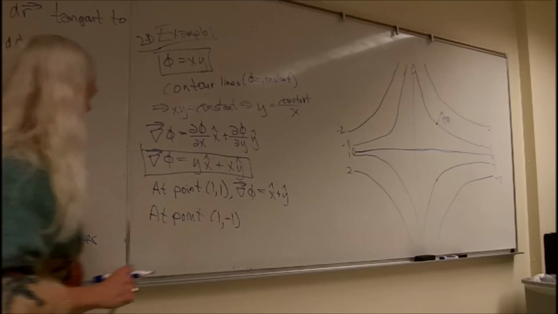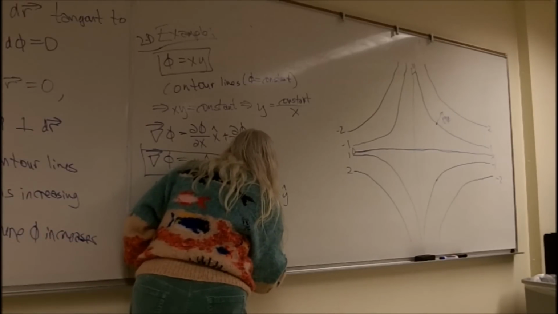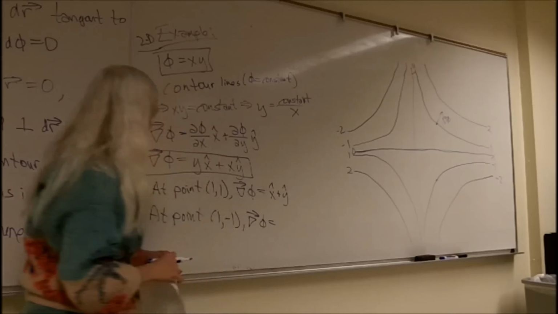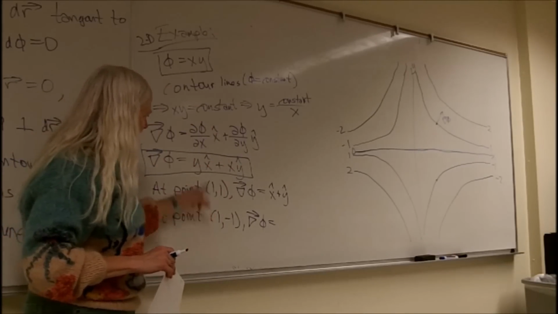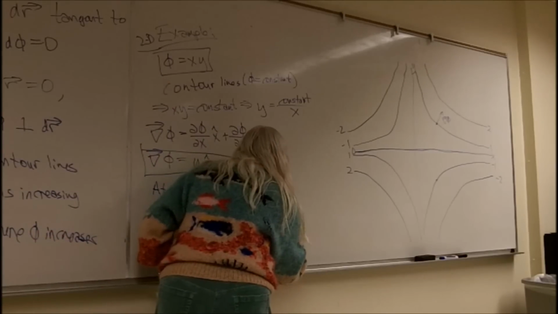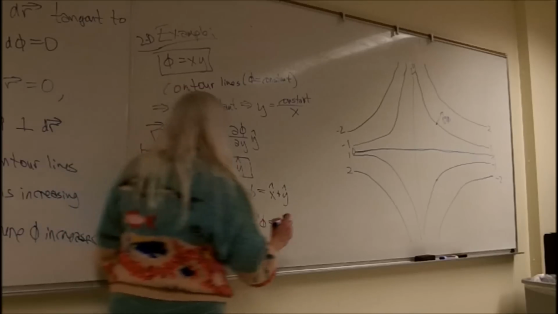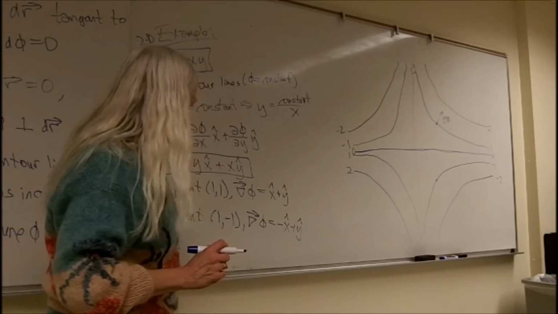So we're along that curve. At that point, the gradient of phi is again, in general, y times x hat plus x times y hat, but now y is equal to minus 1 and x is equal to plus 1, so minus x hat plus y hat.